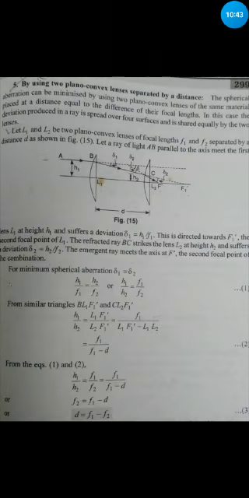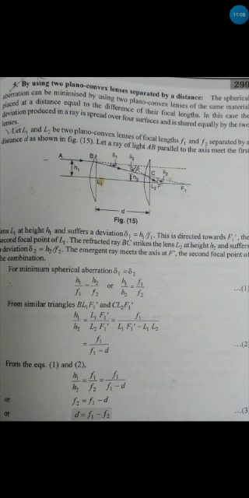And a very important method of minimizing spherical aberration is by using two plano-convex lenses separated by a distance. As shown in the figure, L1 and L2 are two lenses separated by a distance d. Let f1 and f2 be the focal lengths of the two lenses.